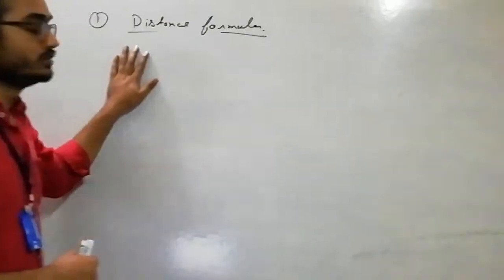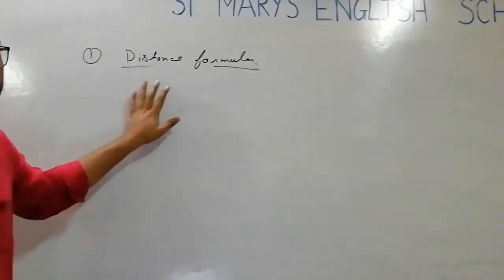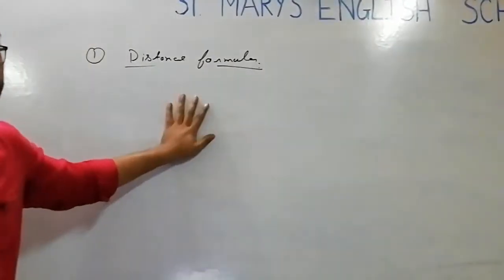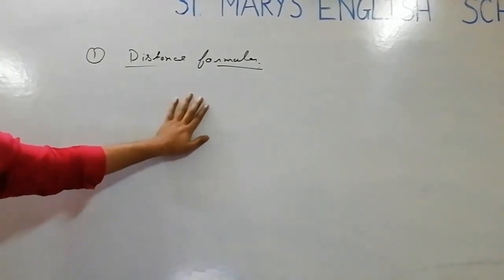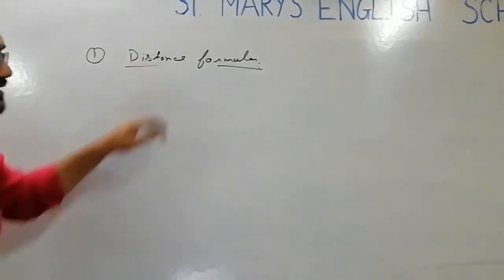Now we are going to see the distance formula, how we can use it and how we can find the value of the given distance. So first of all, that is the distance formula.